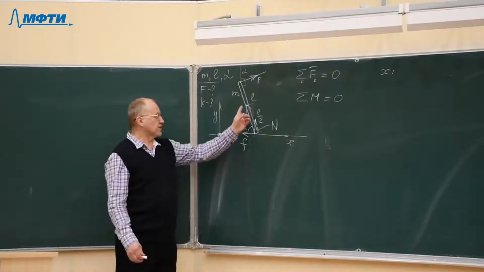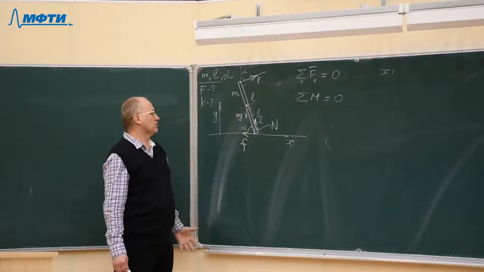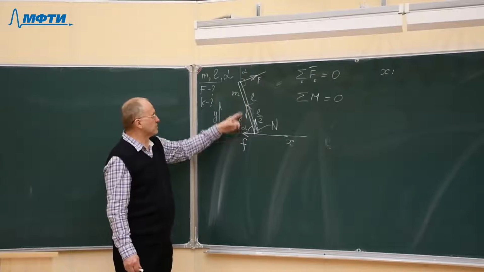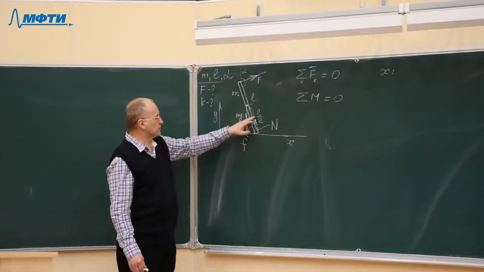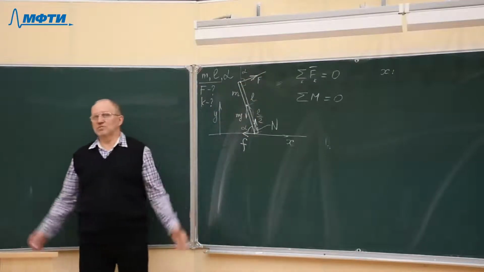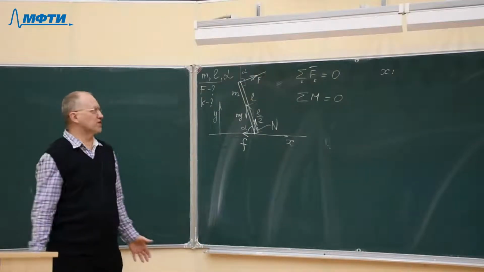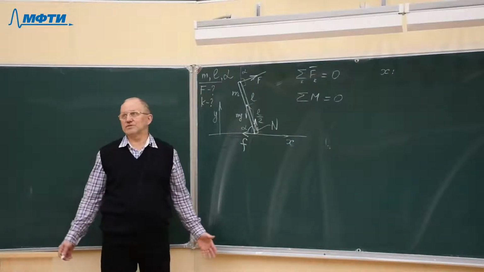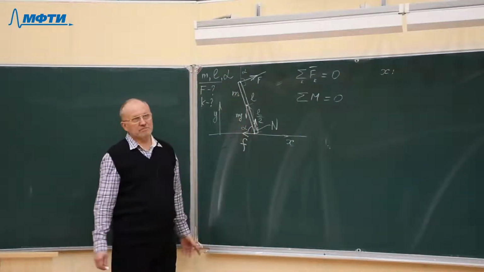We have taken into account all the interactions: the gravitational attraction to the Earth, the reaction of the surface, the force of friction, and the pull of this string. There are no other interactions, so no other forces act on this rod.